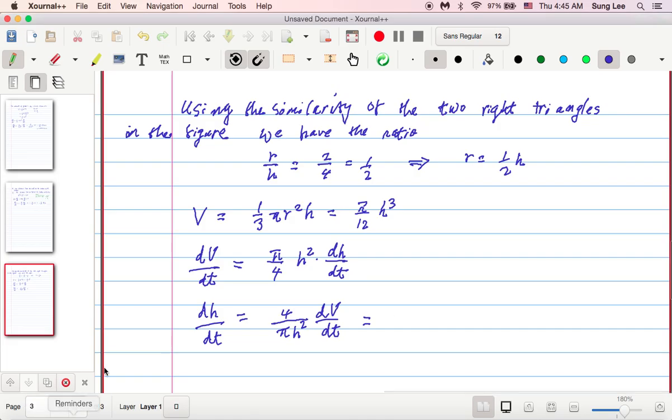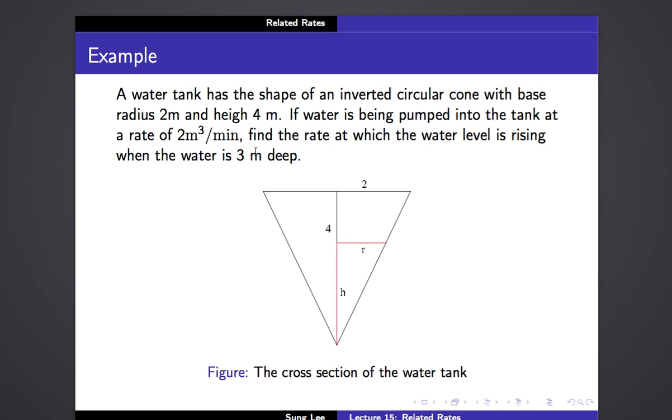Now we are ready to calculate the values. Let's get back to the question to make sure that we have it. When the water is 3 meters deep, so when h equals 3, we also need dV dt, which is given as 2 cubic meters per minute.